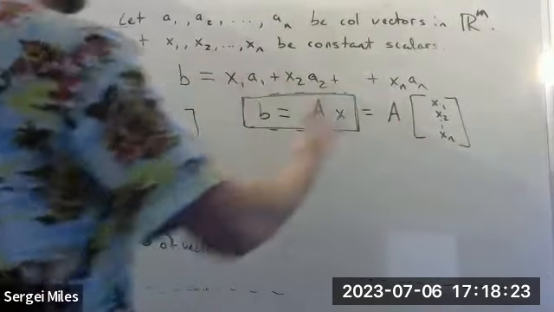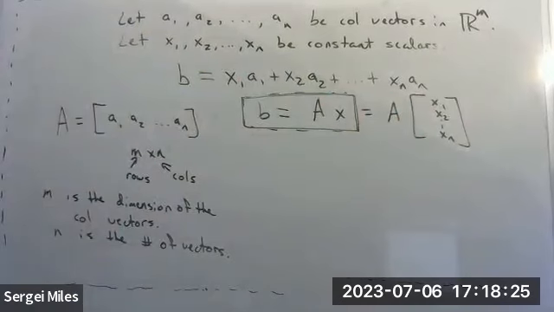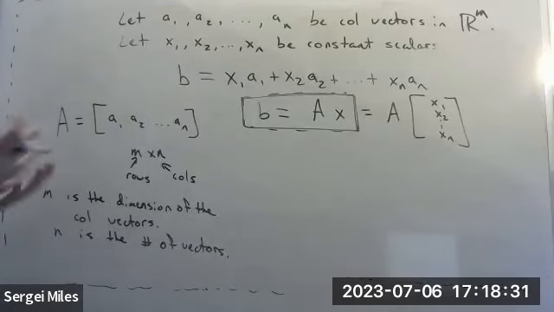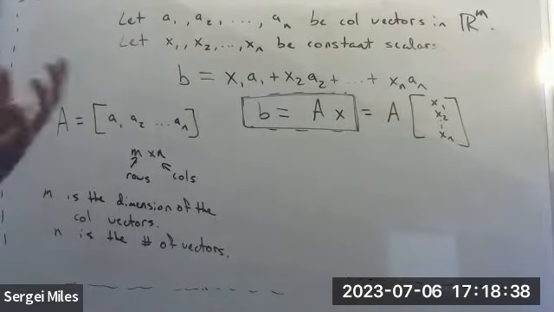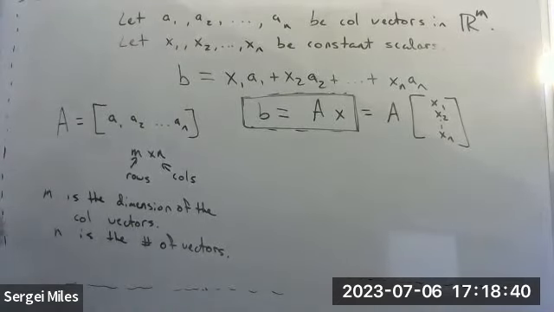This gives us an alternate way of writing a linear combination, and we can now write all the problems we've discussed so far in a matrix equation format. So let's look at some examples so we can see how we're doing this.